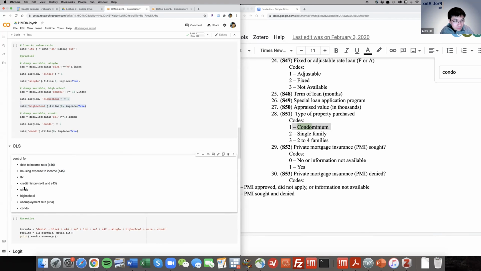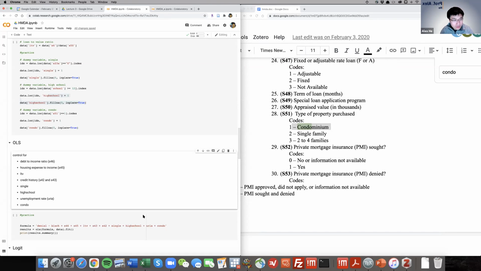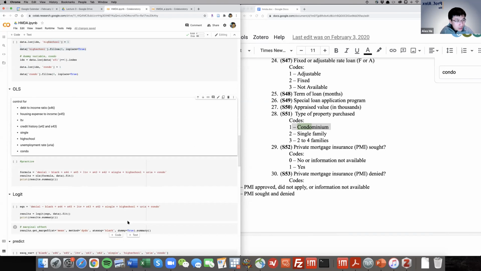And then the single dummy, which we created, high school, which we created, unemployment rate, which is the URIA, and then the condo dummy we also created. So we add 1, 2, 3, 4, 5, 6, 7, 8, 9 variables. Now the regression has 10 variables in total.